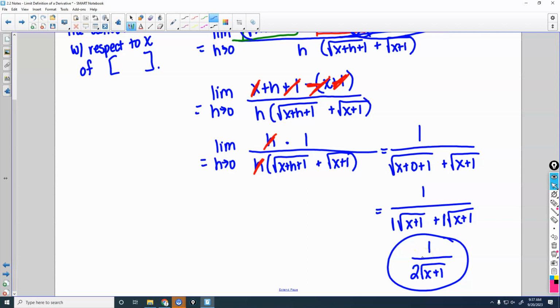There is some dispute in the AP Calculus world of whether or not you should circle your answers. I can see it going either way. Some teachers say always circle your answers so that you've made it clear what your answer is and the grader can find it on the paper. Other teachers say never circle your answers because, let's say that you over here then decided to plug in 0 and you got 1 over 2 square root of 0 plus 1, which is 1 over 2, and that was really what you were saying your answer was.